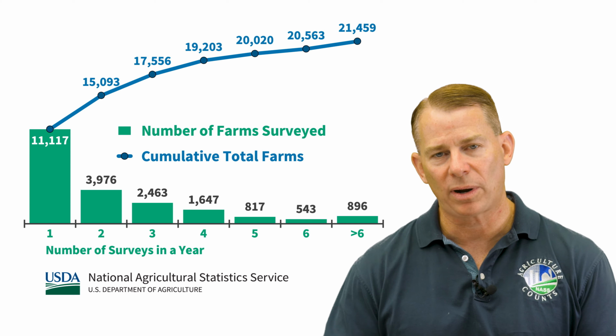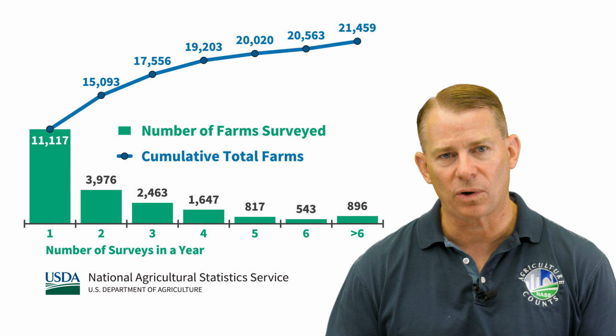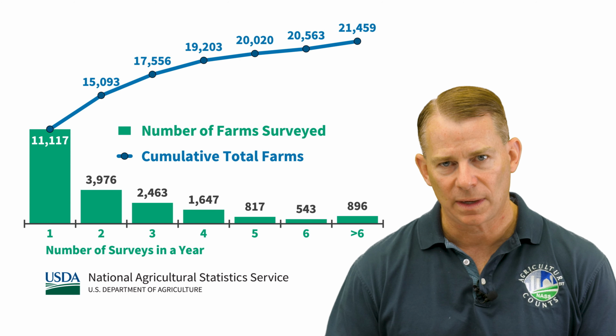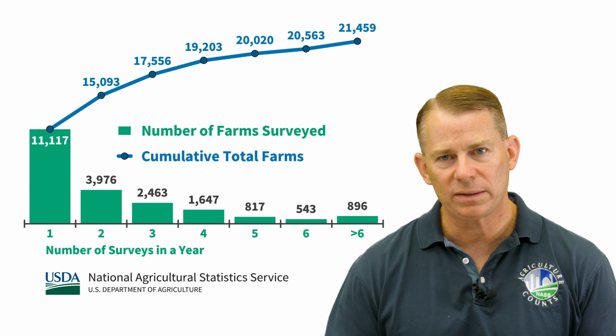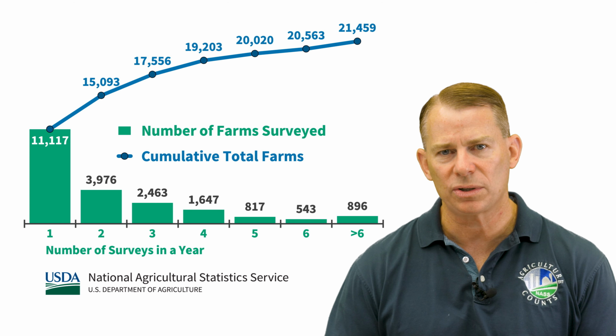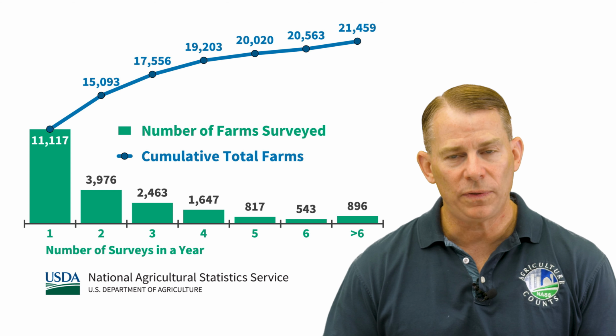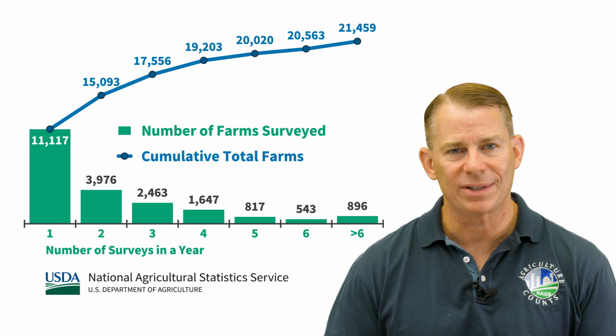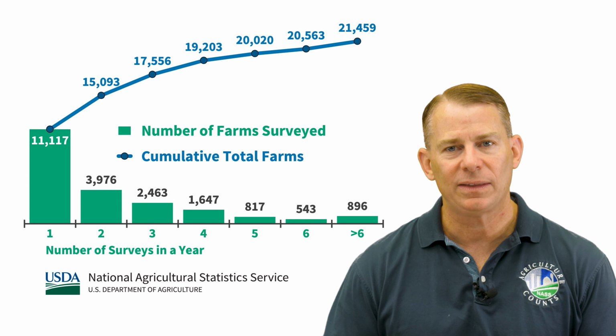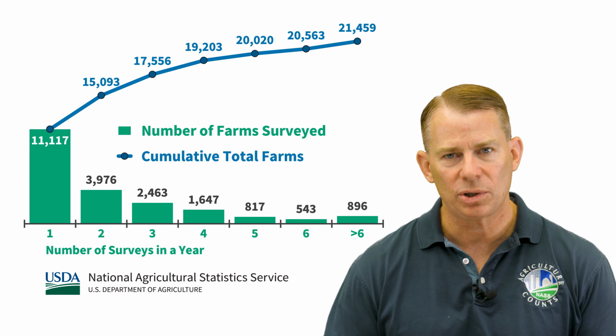Right now, there are approximately 71,000 Illinois farms of all types and sizes. As the chart shows, we contact only about 30% or just over 21,000 of those farms at any point throughout the year. Less than 1,000 farmers are contacted more than 6 times a year, and these are mostly large farms who have a large influence on the estimates for a particular commodity.